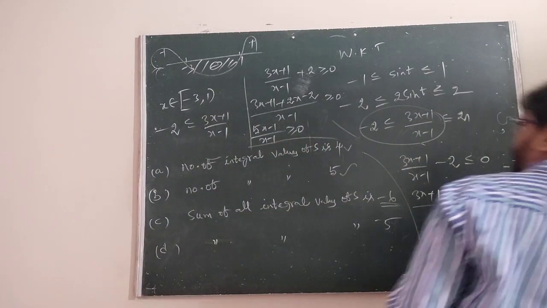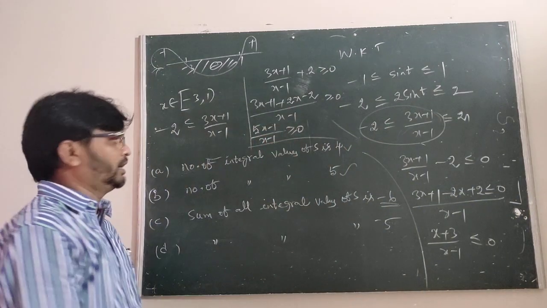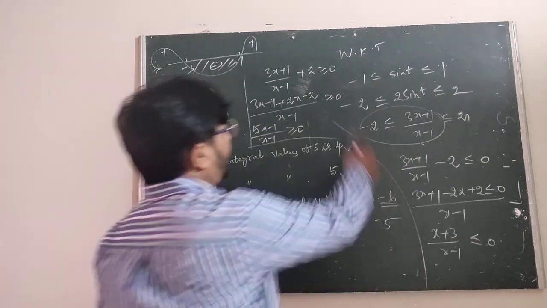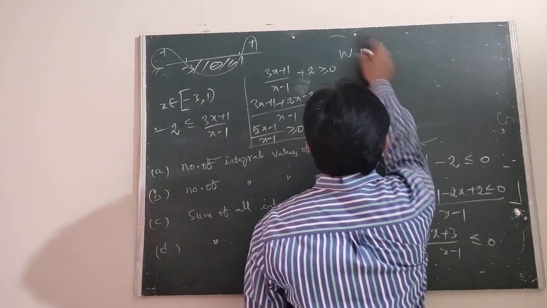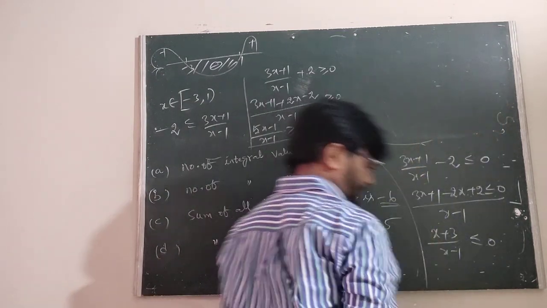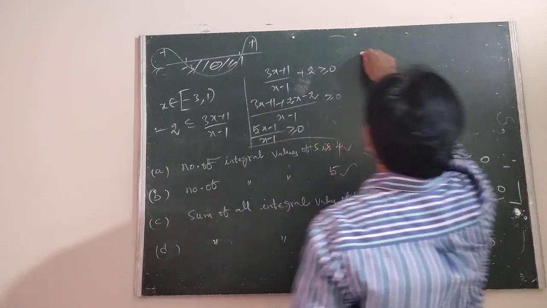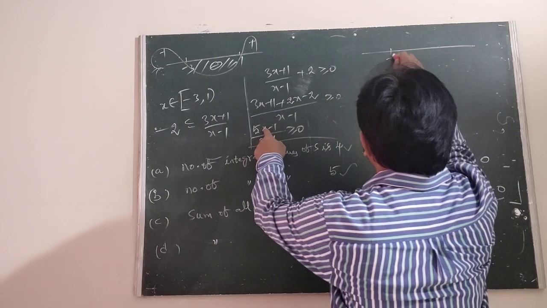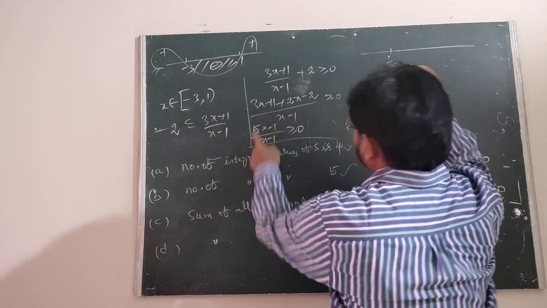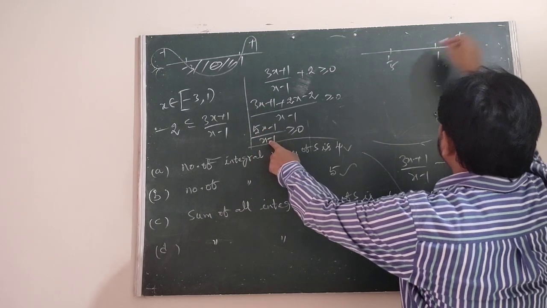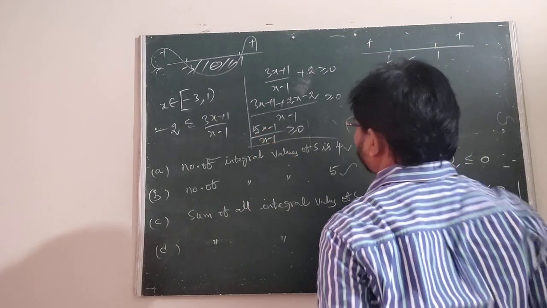(5x minus 1) by (x minus 1) greater than or equal to 0. Now we can write here the least value is 1 by 5, and the other value is 1, with the signs plus, minus, plus.